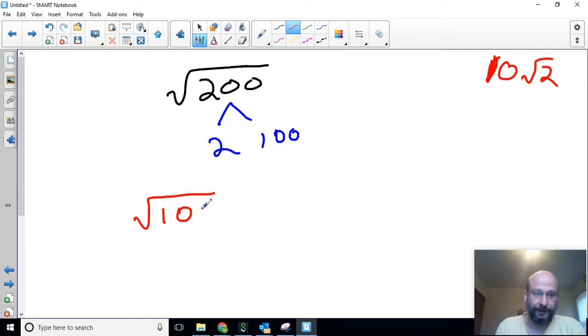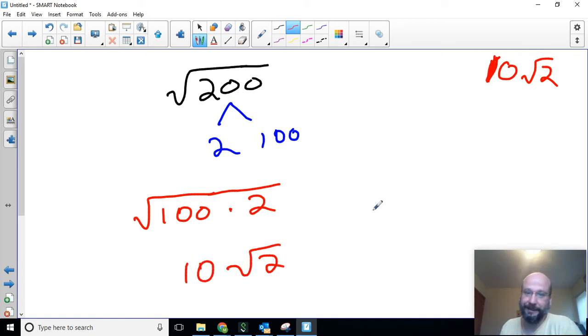I'm going to write it this way. And the square root of 100 is 10. So 10 root 2 is my answer. So this way is a lot simpler, but you need to know what's a perfect square and what's not, and it can get confusing if you don't know it.